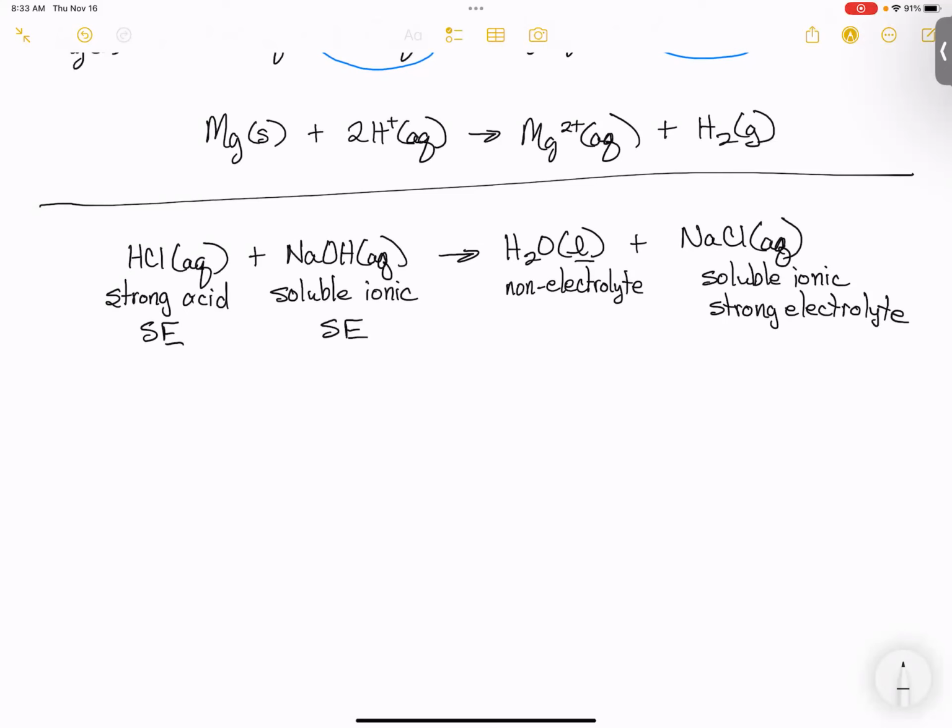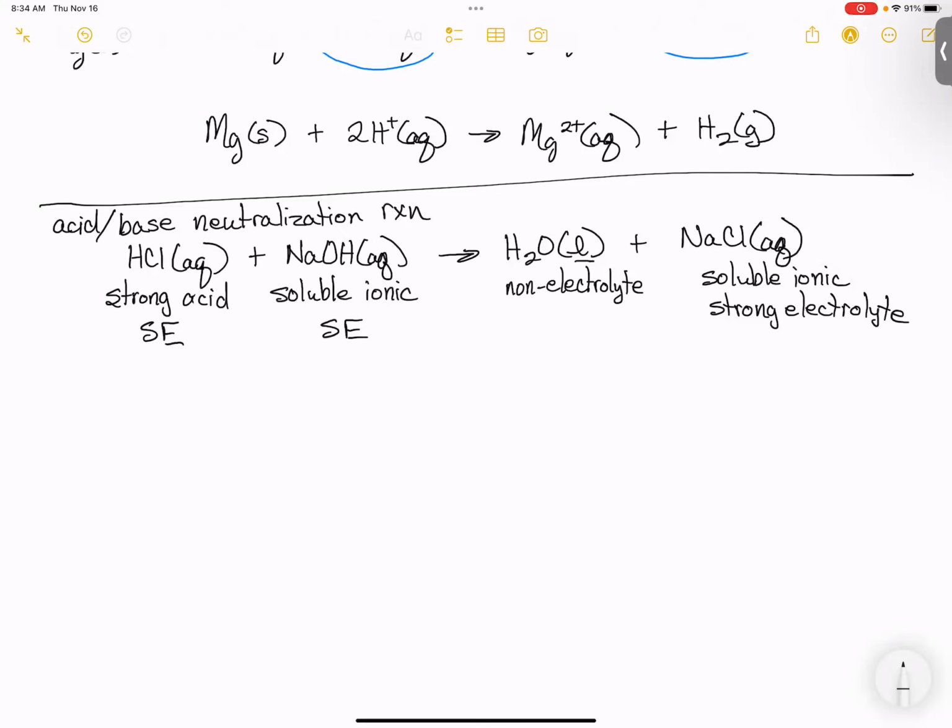This, folks, is also an acid-base neutralization reaction. The acid's obvious. The base, not so obvious.